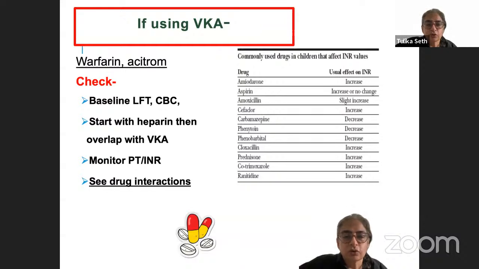As I said, you must overlap with a heparin. You need to monitor the prothrombin time and the INR. We usually aim for an INR between 2 and 3. And always look for drug interactions, because often these children who are having thrombosis may be in the hospital, they may be on antibiotics or other agents which will cause problems.